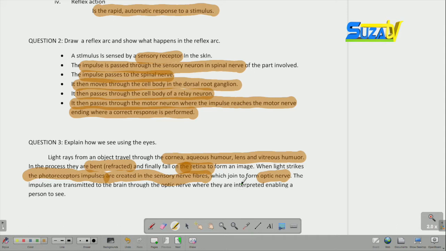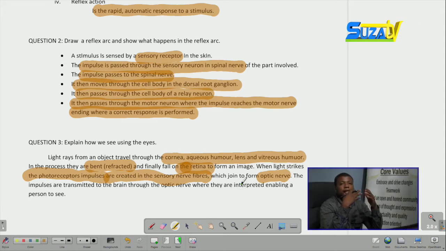In the brain, the image is then interpreted and put the right side up. Instead of upside down, it's put into the normal order. So once this happens, then a person is said to see. So all of these processes are important when a person needs to see.